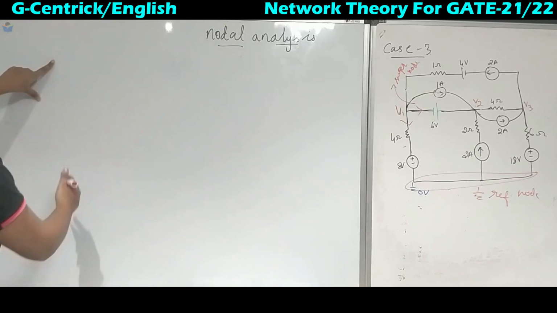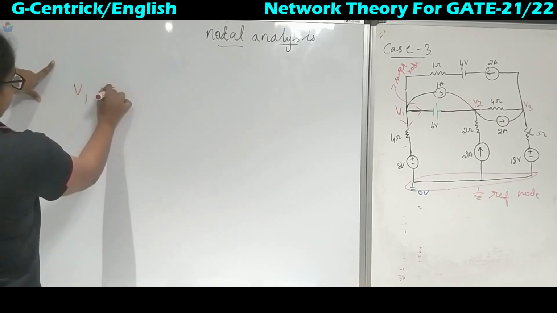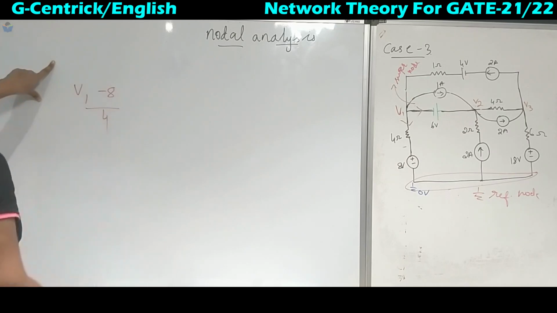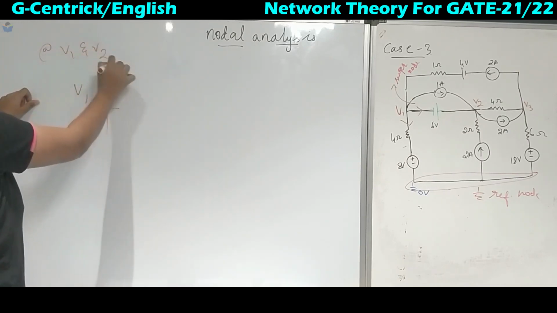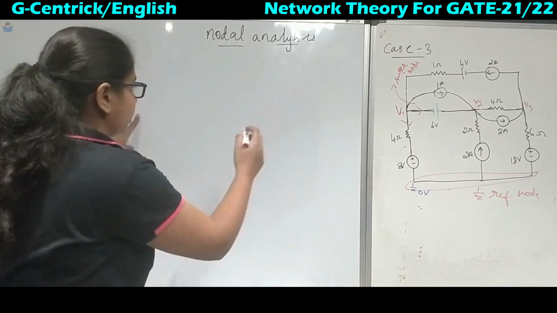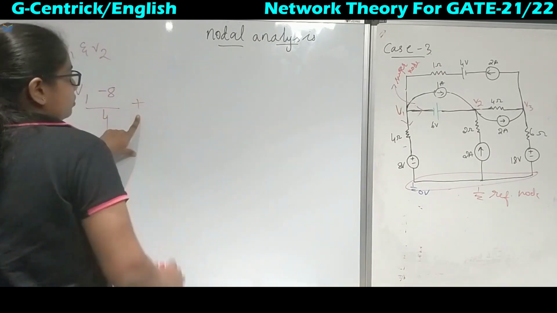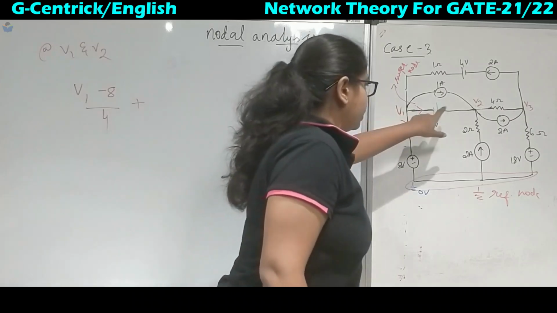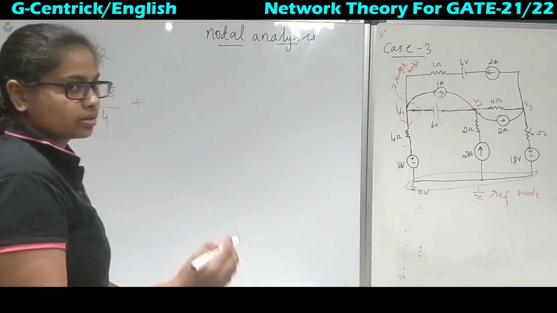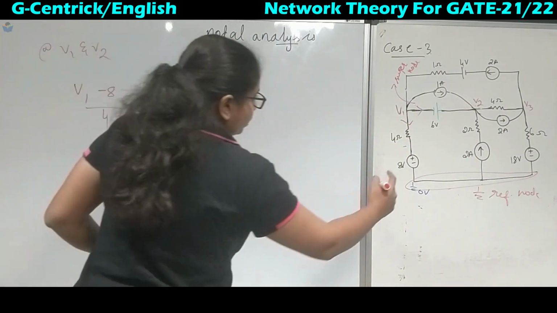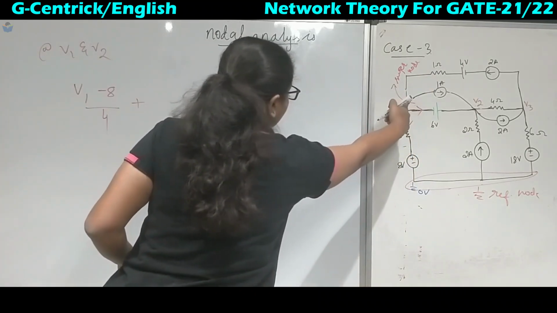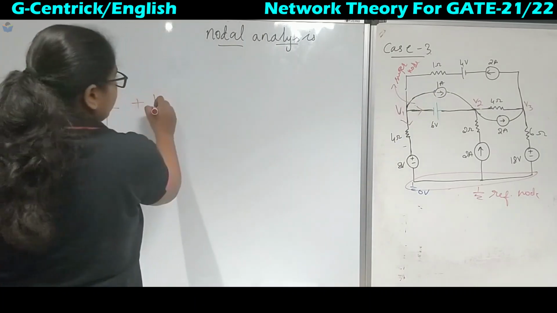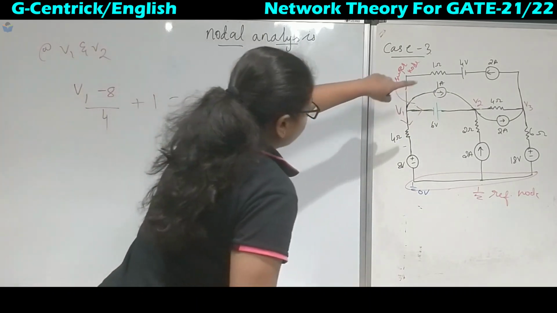So we will write outgoing currents at V1. First, solve for V1: V1 minus 8 upon 4. Leave this V1 and V2 supernode branch aside. Then here it is 1, outgoing, that is plus 1, and this is incoming.